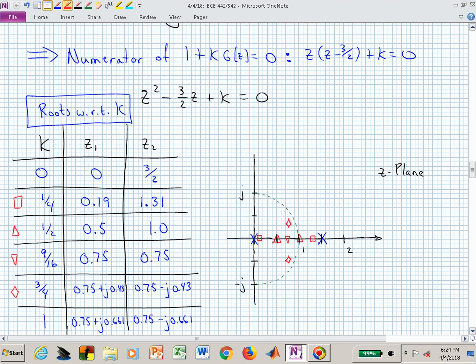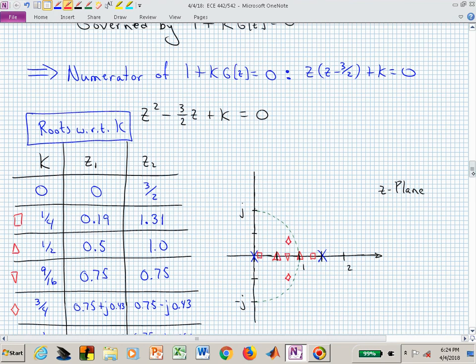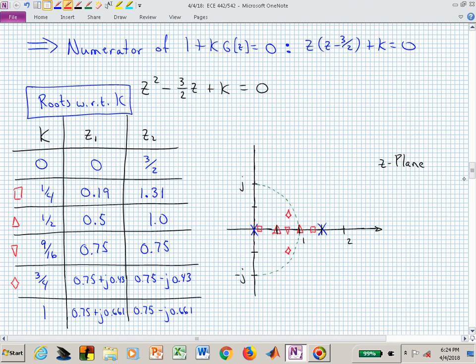And at 1, a gain of 1, oh, I've run out of symbols. What's another symbol that's unique? A star, okay. So now I have a star, and that's actually right on the unit circle in this particular collection of numbers, of a pole at the origin and a pole at 3/2.